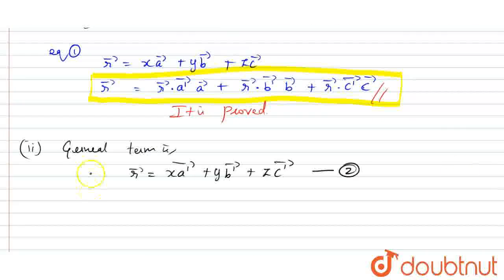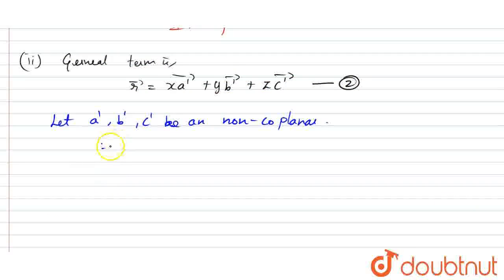Now I'm going to write here: let a vector, b vector and c vector be non-coplanar. Therefore a b c are a reciprocal set of vectors, so a dash, b dash, c dash equal the reciprocal set of vectors of a, b, c.